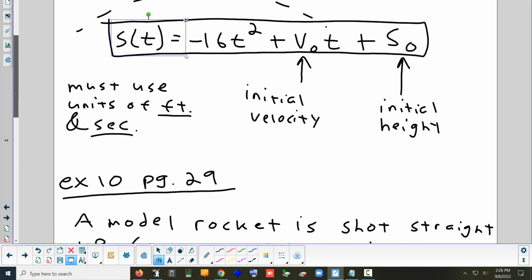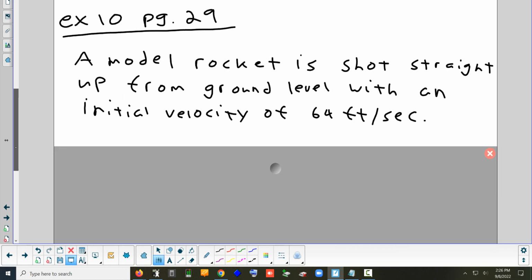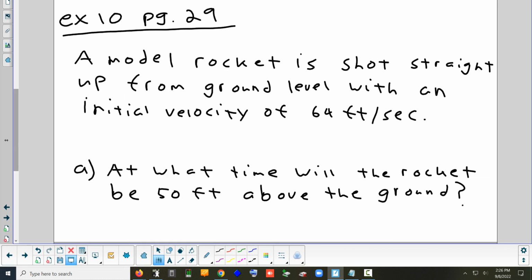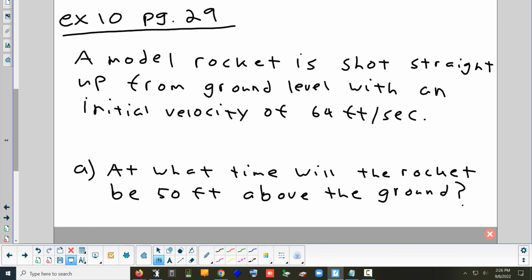And we're going to use that formula to figure out something. First thing they want to know is when will the rocket be 50 feet above the ground?